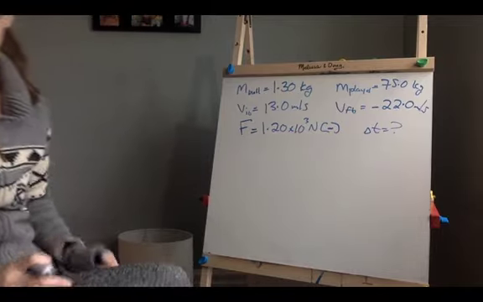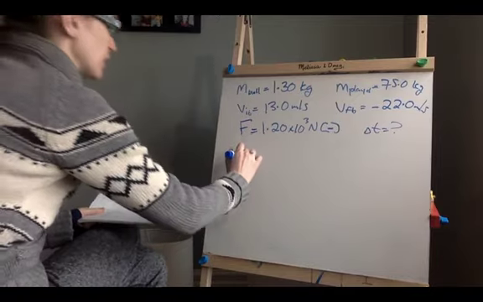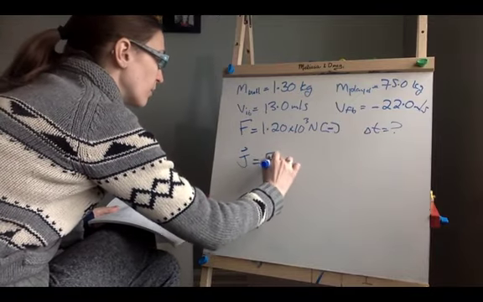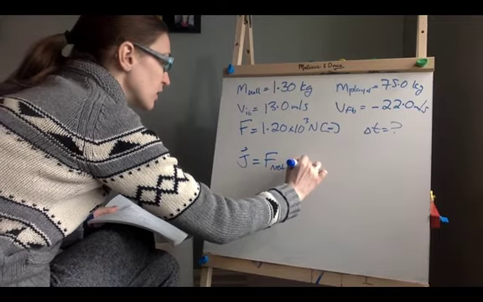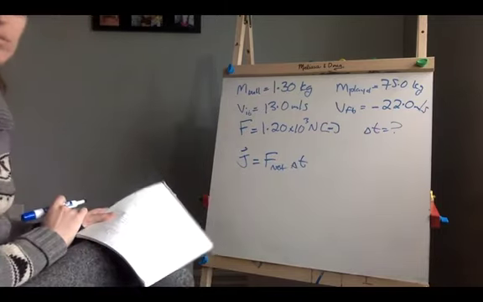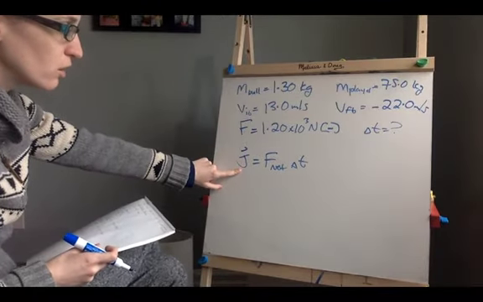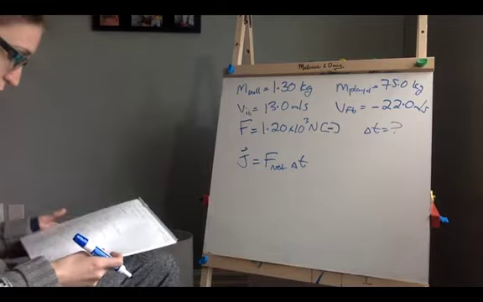Well, that's our impulse. And you might start with that and go, okay, well, impulse is going to equal my force times delta t. And you're like, all right, I've got my force, but you actually don't know the impulse. So let's think, what's another formula for impulse we could use that we just talked about?